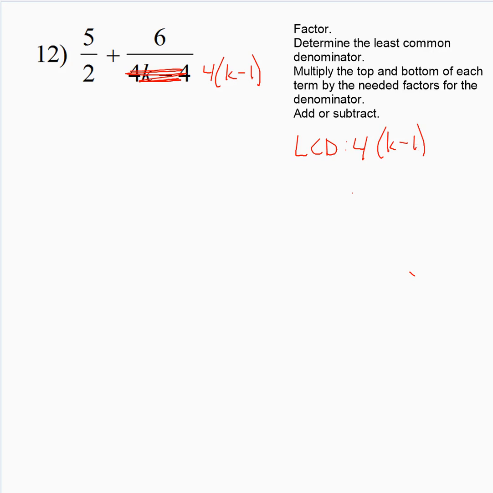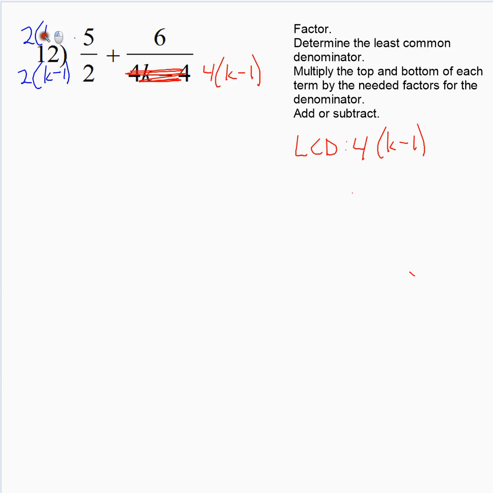So what we're going to do now is we're going to get a common denominator. Over on this side, we have a 2 in the denominator, but we need a 4 times k minus 1. So in order to get the 2 to be like a 4, we need another 2. And then we need that k minus 1. That will get us our common denominator of 4, because 2 times 2, times k minus 1.